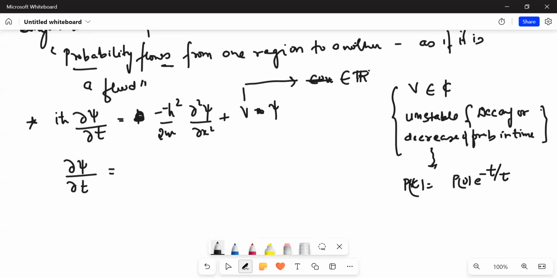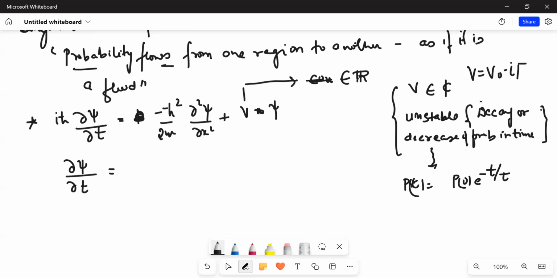It is real. If it is complex, then yesterday we saw that if I add V naught minus iota gamma t, then for these particular values, your probability does not remain conserved. Rather, it behaves as if it is a function of t. So we have to take it in real terms. Is that clear? Okay, okay sir.